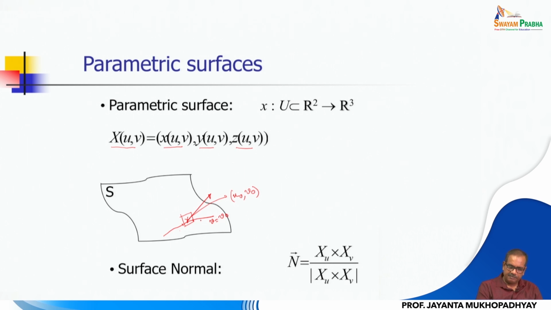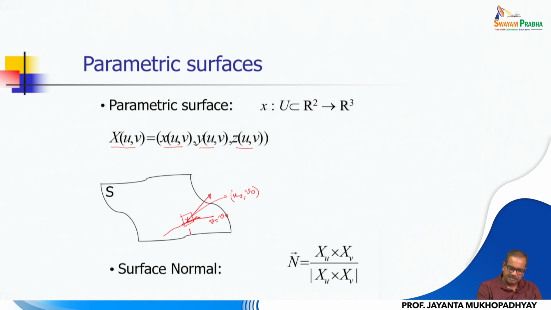If I take the partial derivative along u, that would give me the tangential direction, the direction of the tangent lying on that tangential plane.